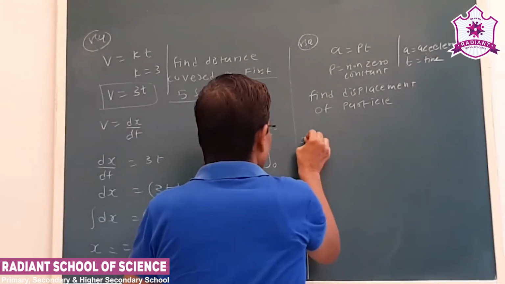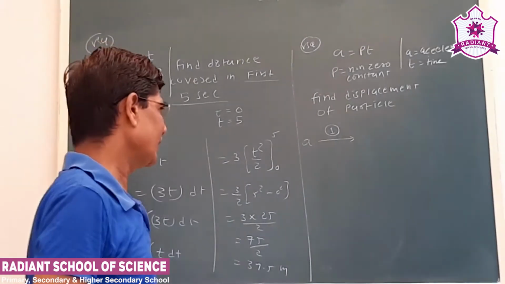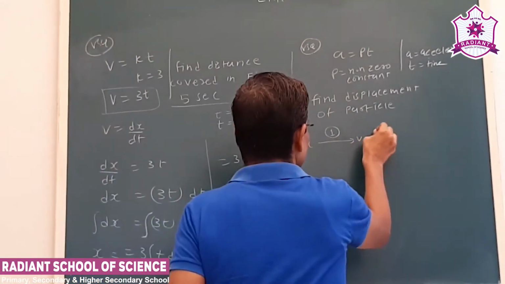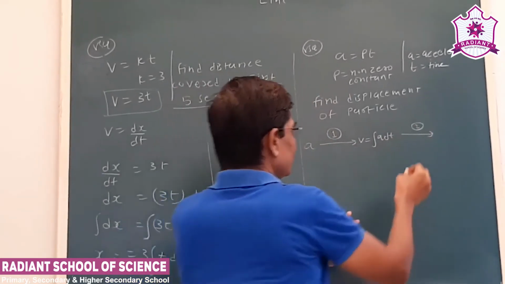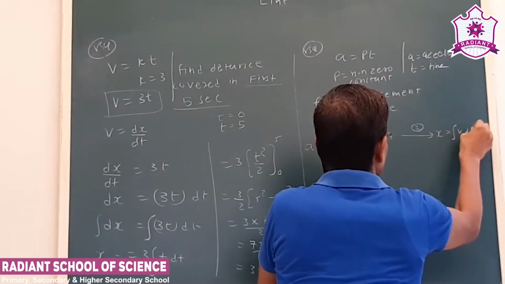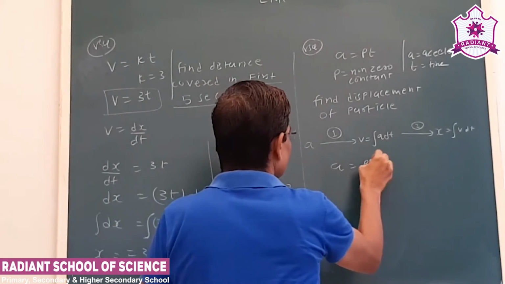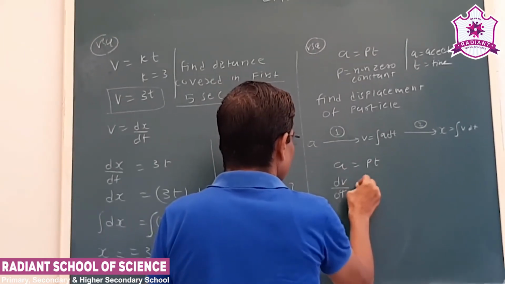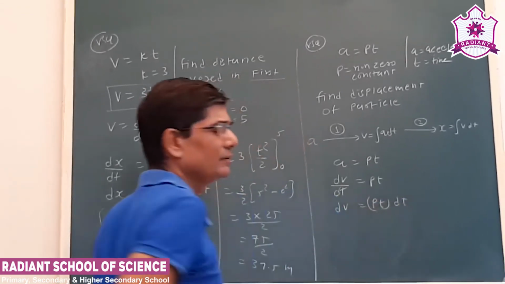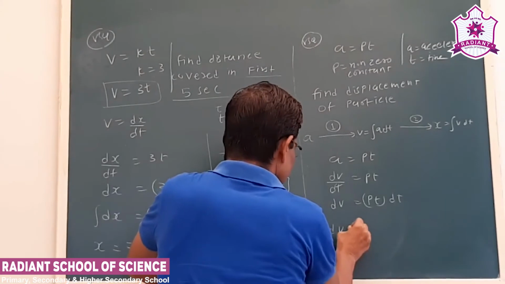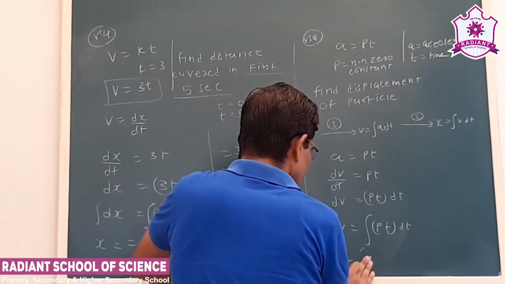We know very well, we have seen, if a is acceleration and we take integration the first time, we will get v, that is integral of a dt, and if we take integration a second time, then we will get x. So this is how we have to proceed. Now a is pt, so dv by dt is pt, so dv is equal to pt dt. Now we take integration of dv. p is a constant term.